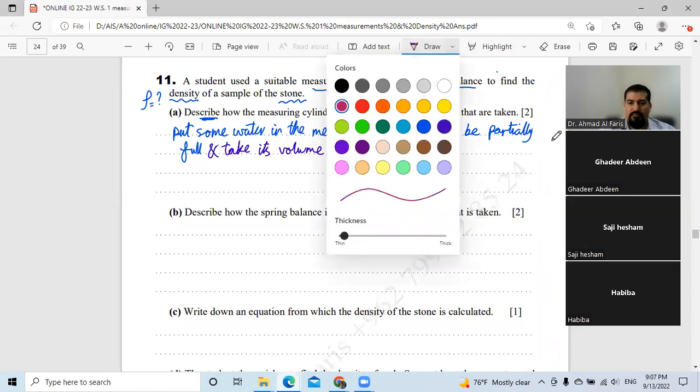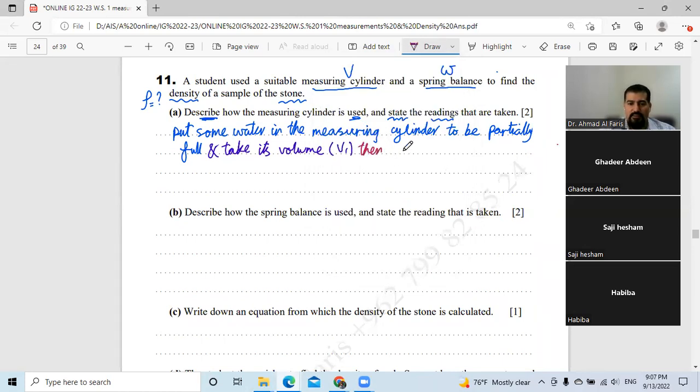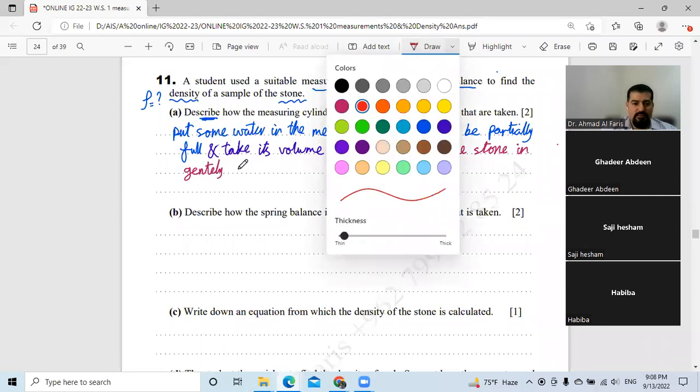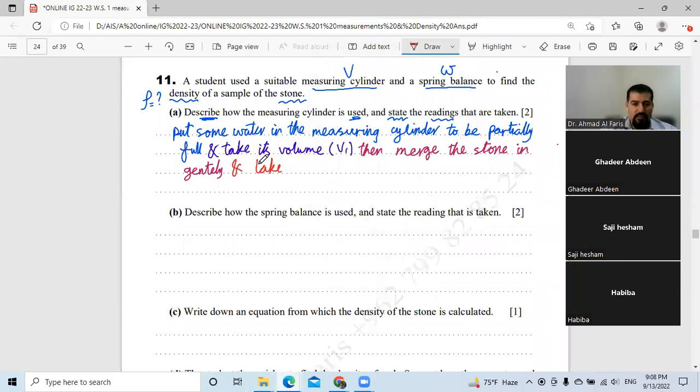Then immerse the stone gently and take the new volume, V2. Then, bravo, the volume of the stone is V2 minus V1.